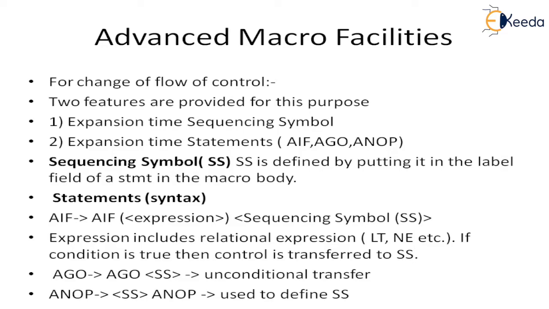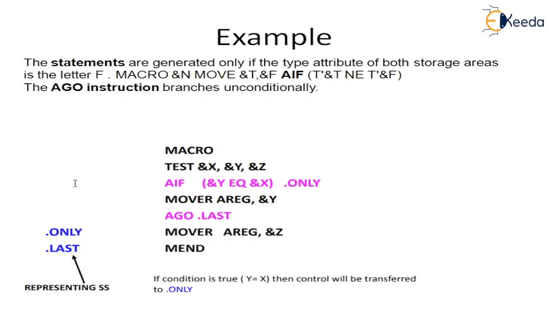That condition may be considered as true or false, and when the condition is true, it will also use the sequencing symbol. AGO is useful for unconditional transfer, whereas ANOP is useful for defining the sequencing symbol.